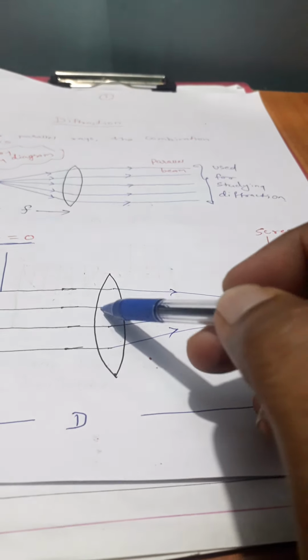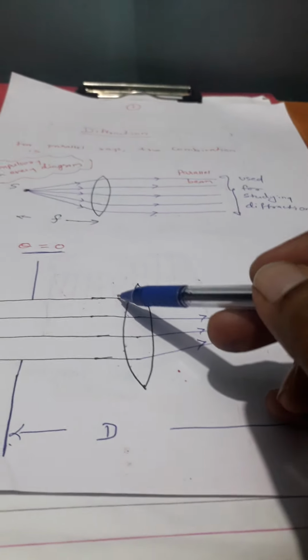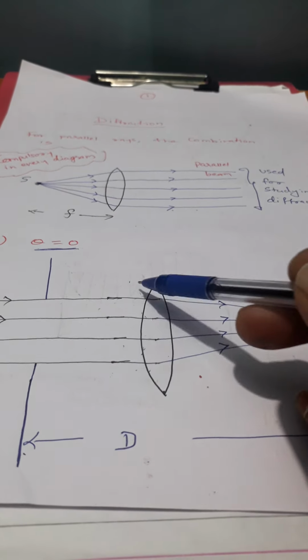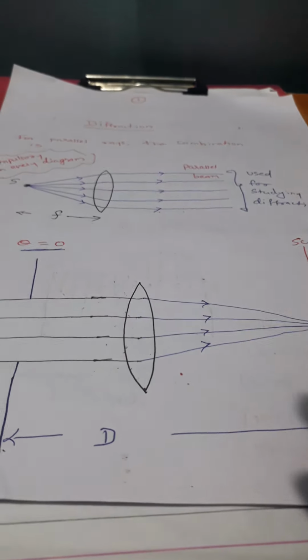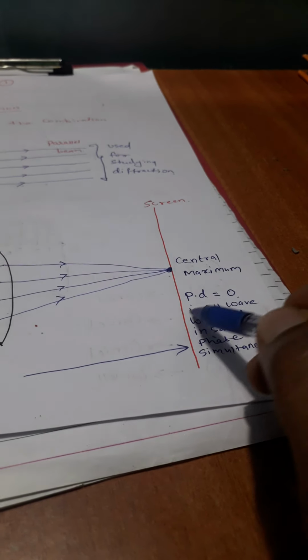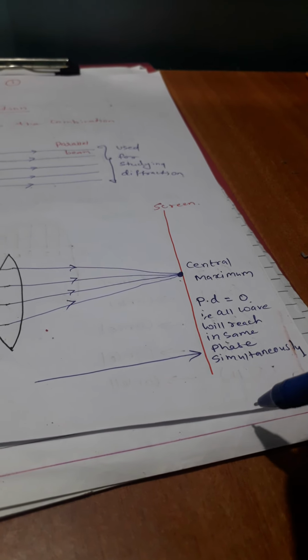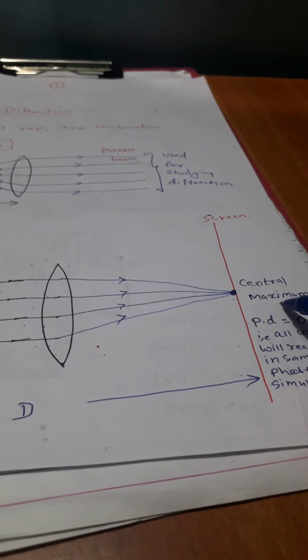For any two rays of light, you will find that the path difference is 0, that is, all the waves will reach in the same phase and at the same point simultaneously. So that means there is a central maxima. This is the brightest point.